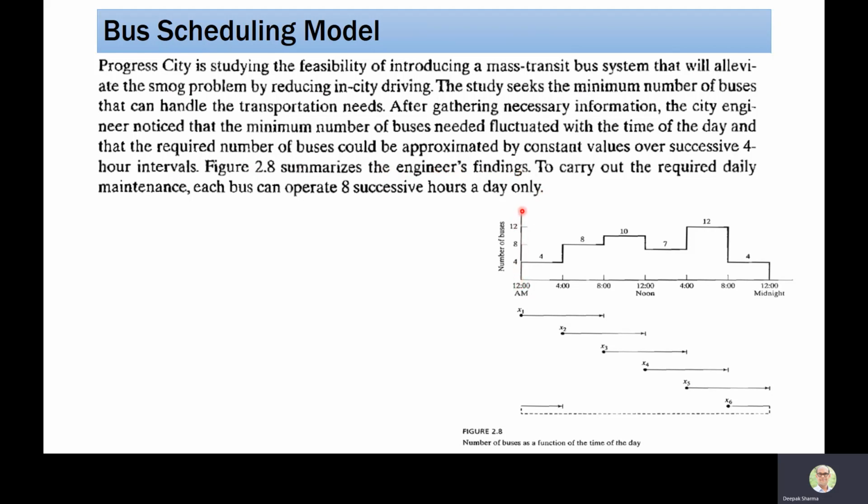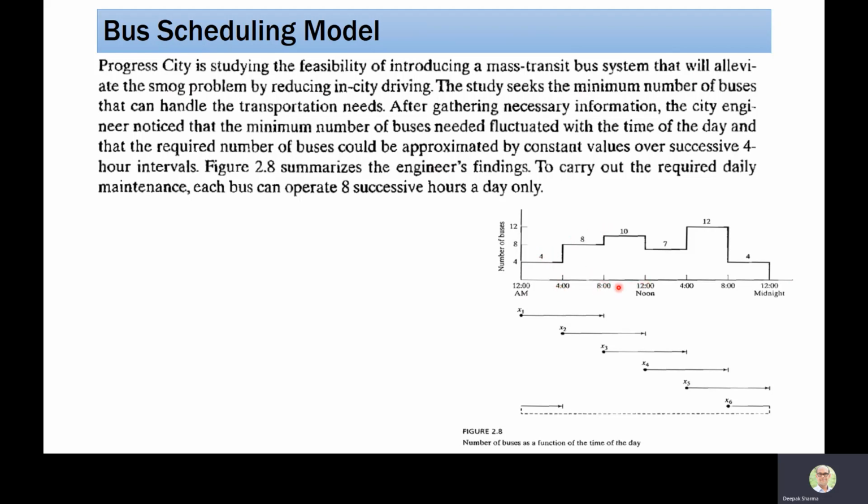We can see that the y-axis is the number of buses and the x-axis is the time. We are starting at 12 a.m. in successive 4-hour intervals. From 12 a.m. to 4 a.m. we need 4 buses. From 4 to 8 we need 8 buses.